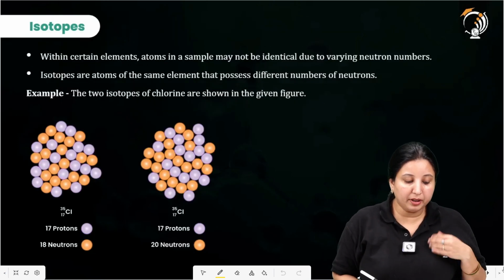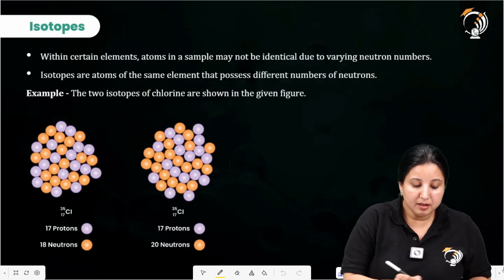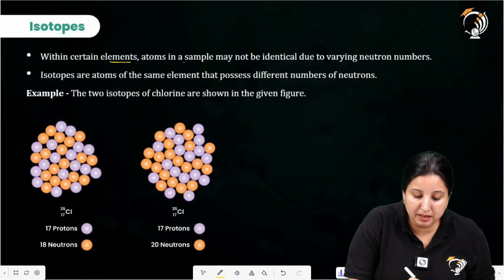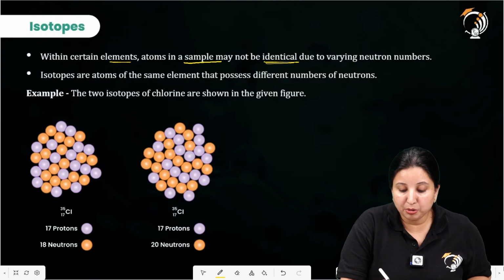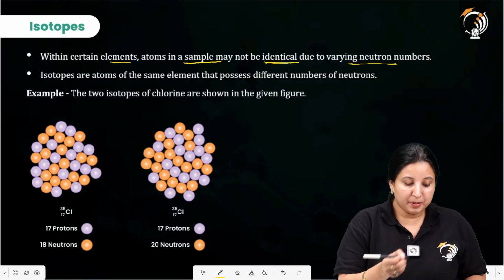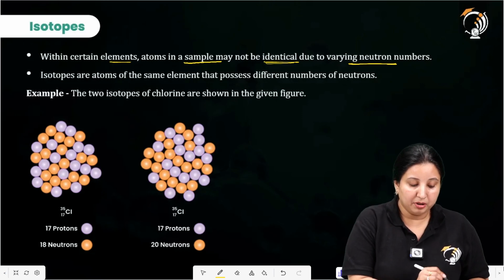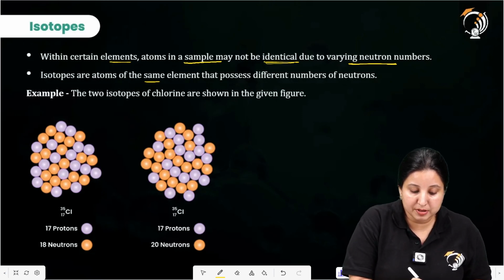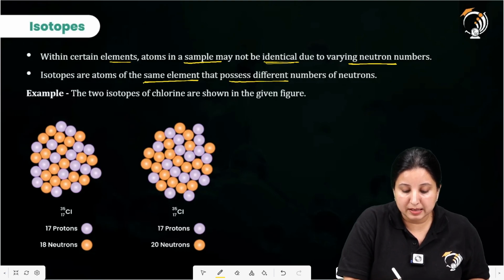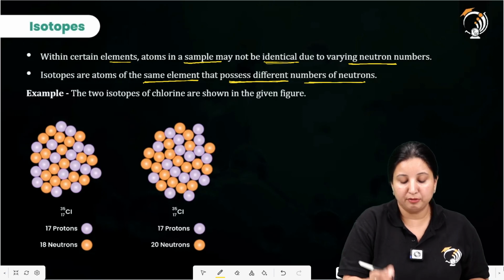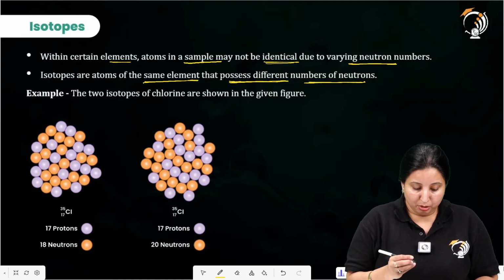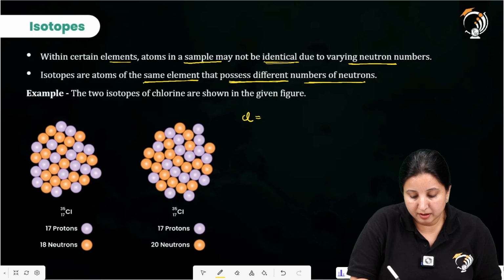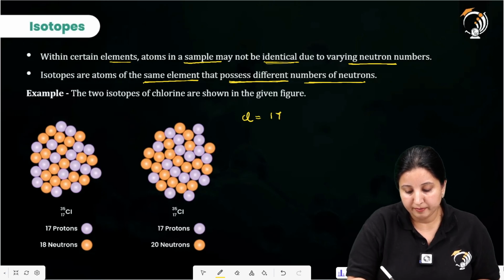Isotopes. When we are talking about isotopes, within certain elements, atoms in a sample may not be identical due to varying neutron numbers. So basically isotopes are atoms of the same element that possess different numbers of neutrons. If I talk about chlorine, the atomic number is 17.